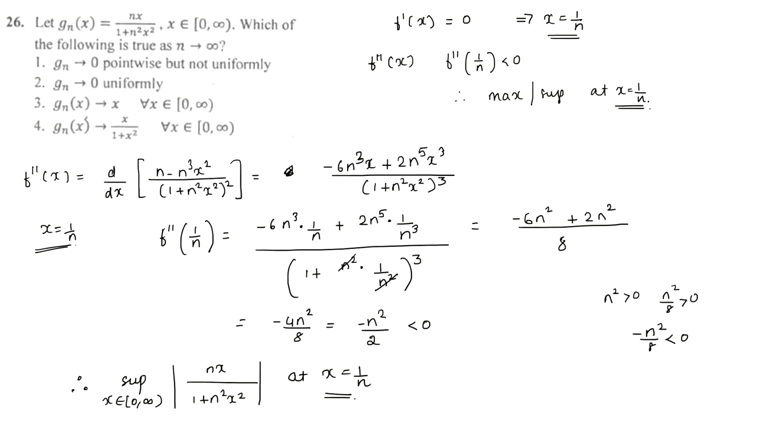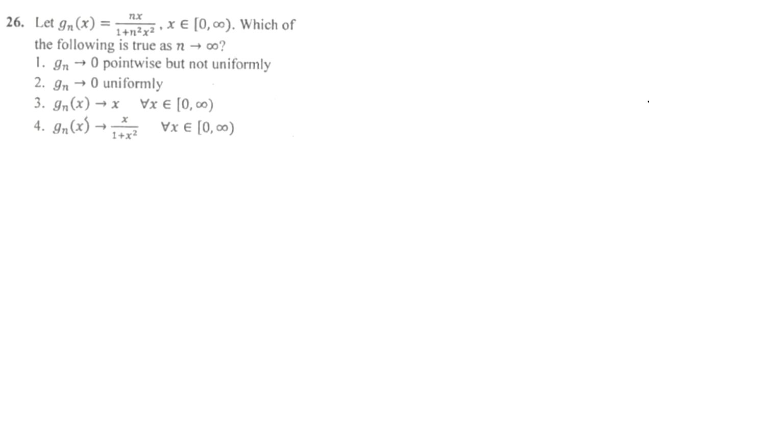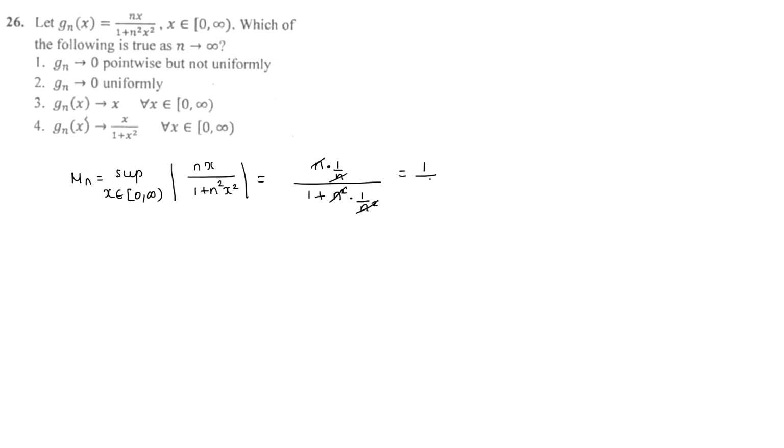So now we have to substitute x equal to 1 by n in mn. So mn, which is equal to supremum over x belongs to closed interval 0 open infinity of mod nx by 1 plus n square x square, is equal to n into 1 by n by 1 plus n square into 1 by n square, that is 1 by 1 plus 1, which is equal to 1 by 2.